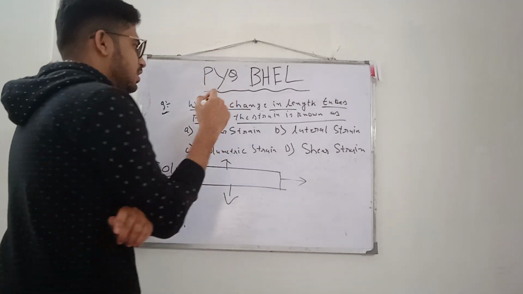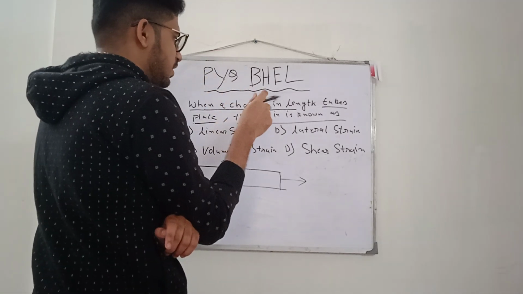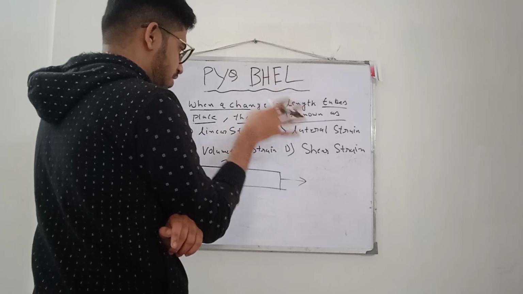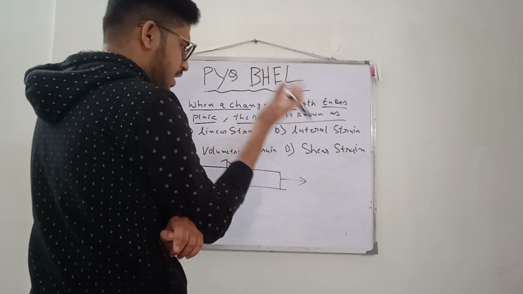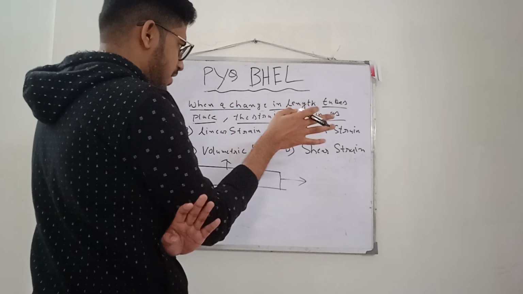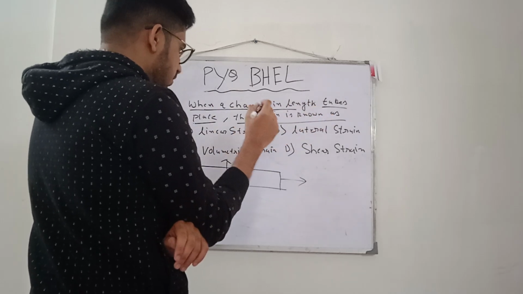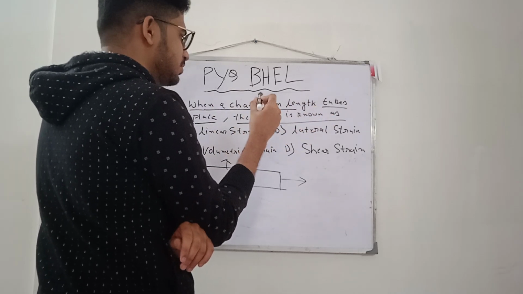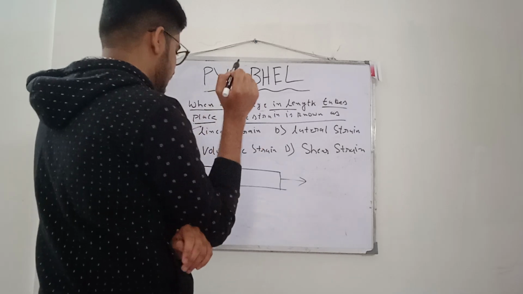So here there is no specification of the length change. In which direction it is changing, how much length is changing, is not specified in this question. So we will assume that it is linear strain.